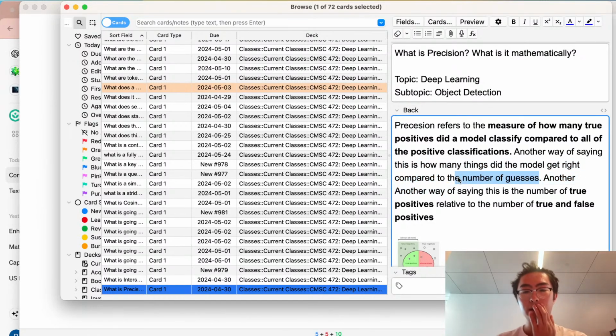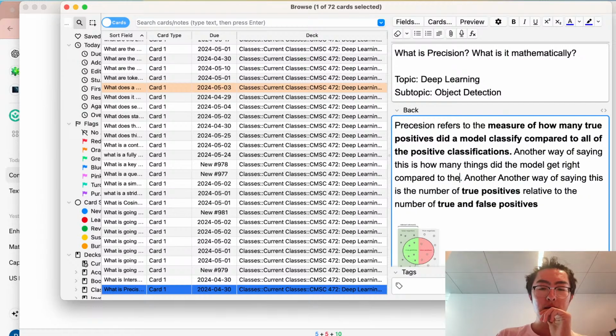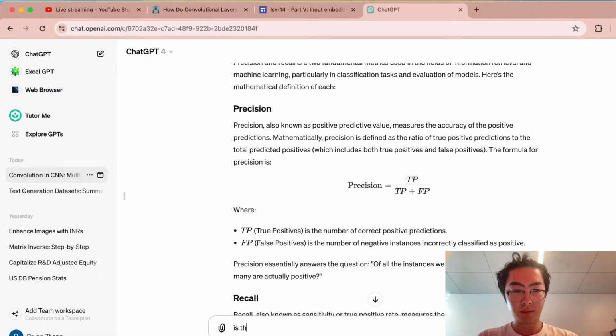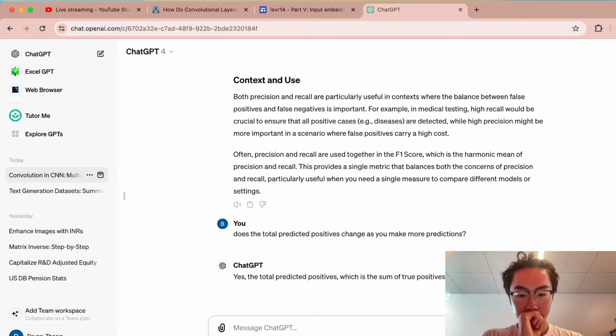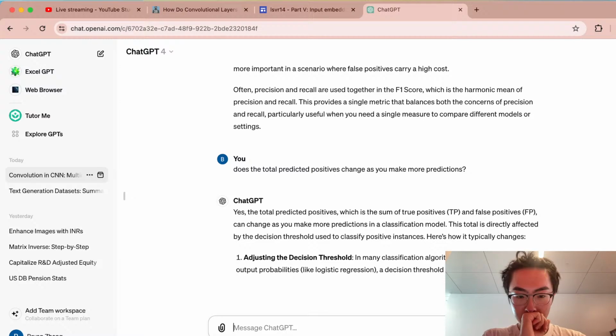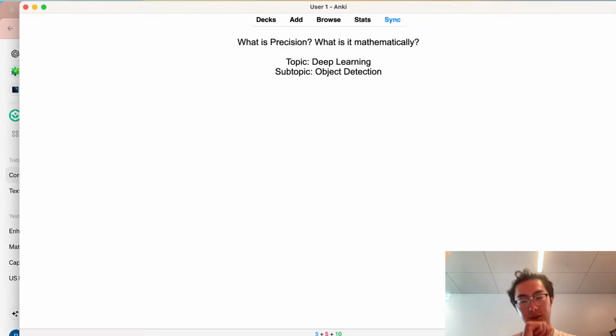Yeah, this is probably wrong compared to the total predicted positives, which change as the model makes more predictions. I see, so it does change.